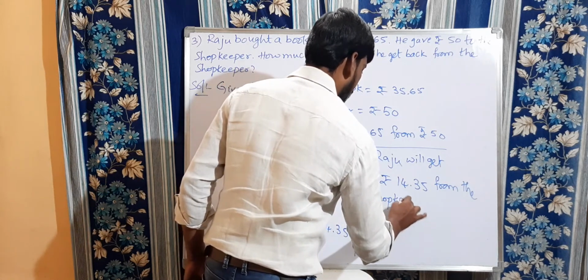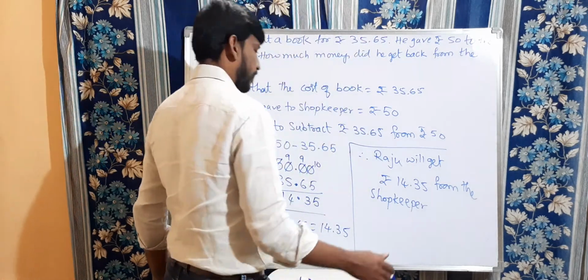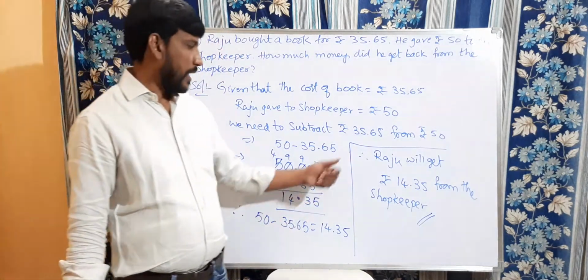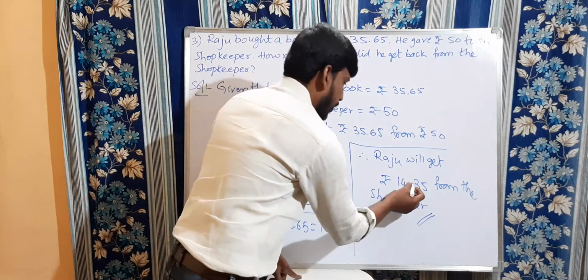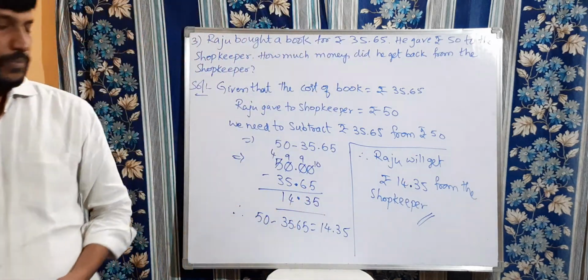Clear? This is a normal general day-to-day life example. So totally, how much amount will he get back? Razu? Rupees 14.35. Clear, children? So copy this.